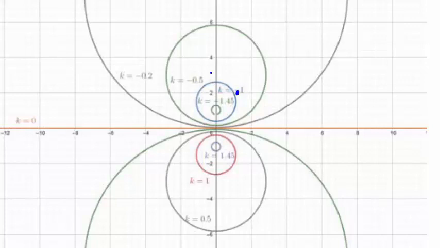The green circle is that of negative 0.5, so we should be going somewhere between negative 1 and negative 0.5 for our z value. Since we're closer to negative 1, we can guesstimate that f of 1 comma 2 is probably about negative 0.9.